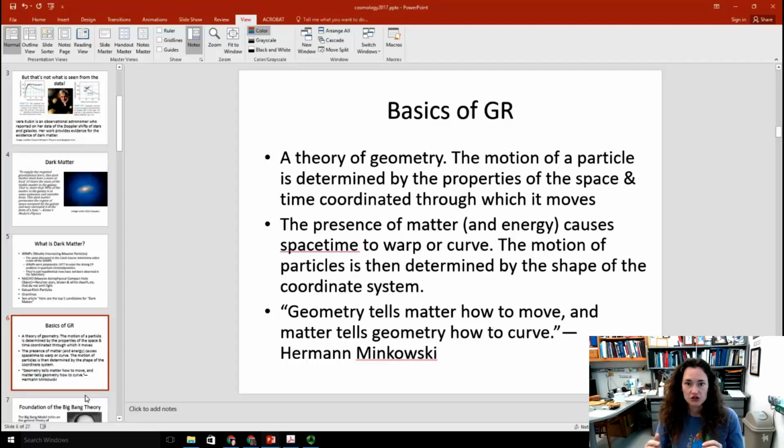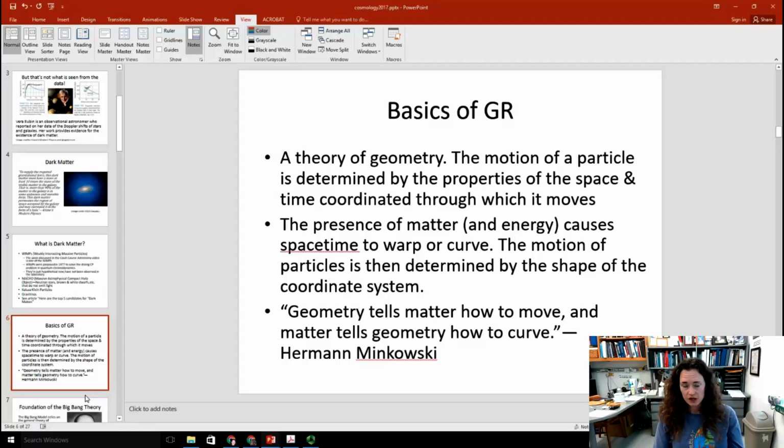But basically, in general relativity, the motion of the particle or a planet or a satellite or a person is determined by the properties of the space and the time coordinates through which it moves. So the presence of matter and energy causes the warping of the fabric of space-time.